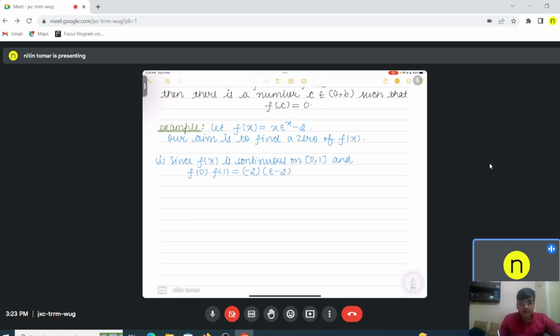So minus 2 is a negative number, e minus 2 is a strictly positive number, hence the product is strictly negative.